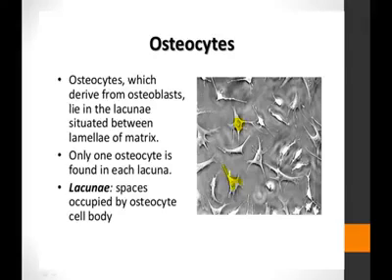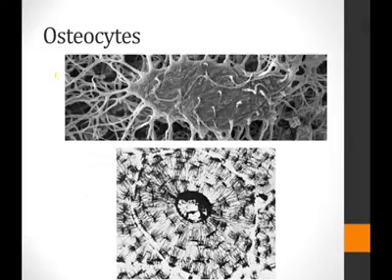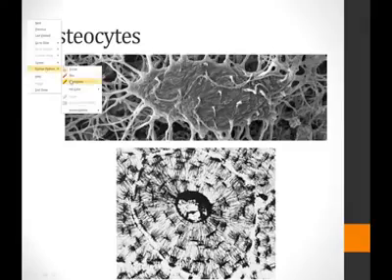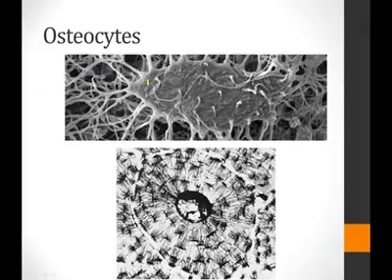These lacunae obviously have extensions to accommodate the processes of the osteocyte, which are called the osteocytic processes, and these extensions of the lacunae are called the canaliculi. So this is how one osteocyte or lacuna looks.